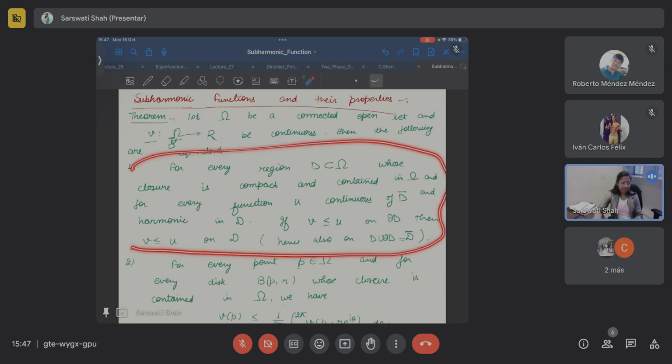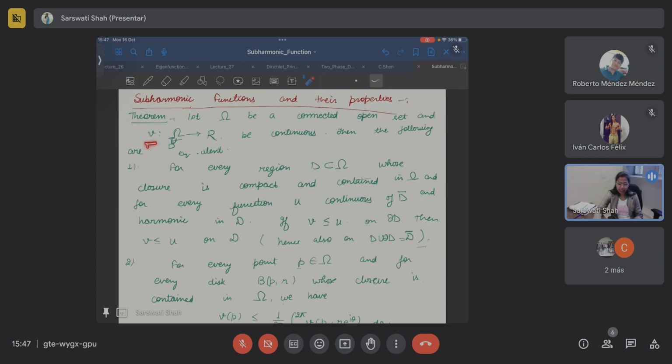Basically what it is saying is that if V is any function from omega to R, the only property we have given is that it is a continuous function. Then if we are able to find another function u defined from D, a subregion of omega, to R, in such a way that u is harmonic inside D and u is continuous on the boundary of D, and also it satisfies the property that u is always greater than or equal to V, in that case V will be a harmonic function.